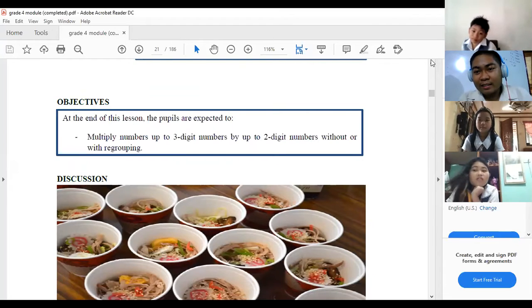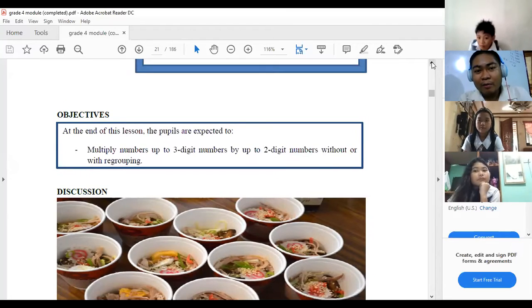How about the multiplication table for 1? Any number that is multiplied by 1 will be equal to itself.